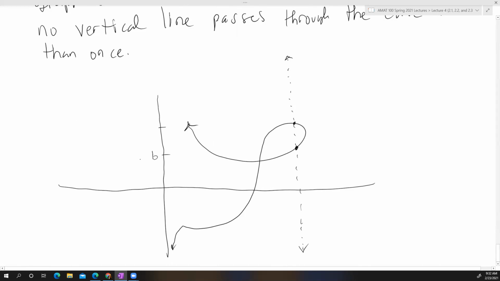This is x equals A, and then this will be B, and this will be C. So this point right here is (A, C), and this point right here is (A, B). Now, I'm going to use a proof method.